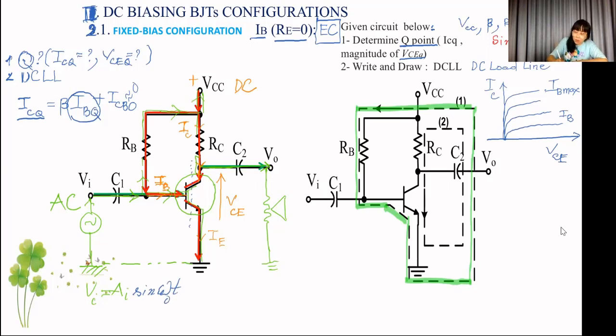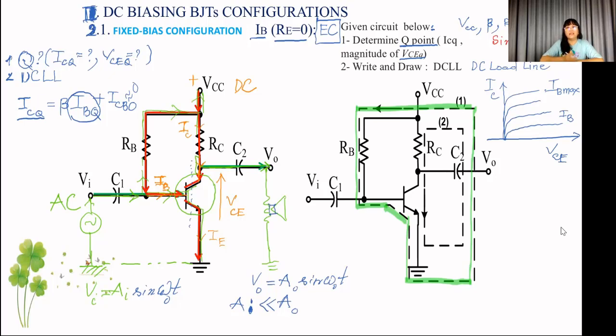And in the output, they receive Vout with a bigger amplitude, while the input is smaller.